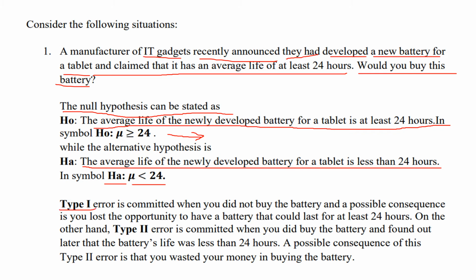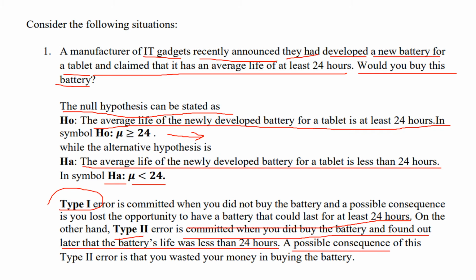Now, a type 1 error is committed when you did not buy the battery, and a possible consequence is you lost the opportunity to have a battery that could last for at least 24 hours. On the other hand, your type 2 error is committed when you did not buy the battery and found out later that the battery's life was less than 24 hours.